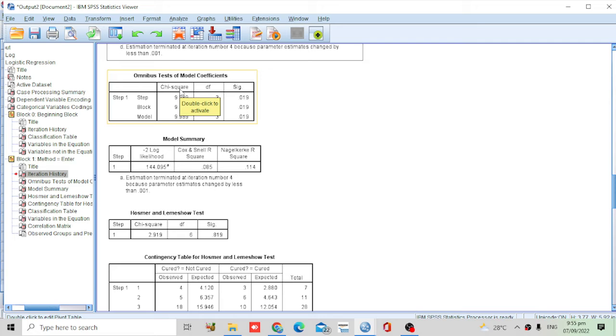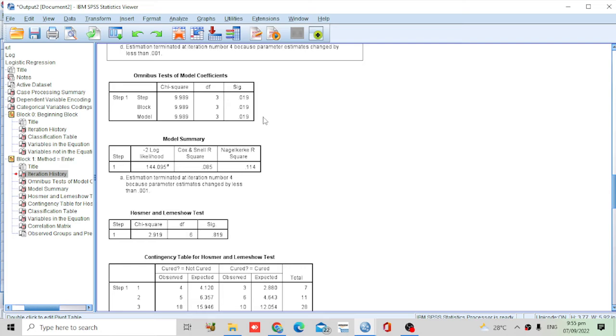For the omnibus test of model coefficients, we have a significant difference between the baseline model and the final model, because our p-value is 0.019. As you can see, even the step and block models are all significant at the 0.05 level.